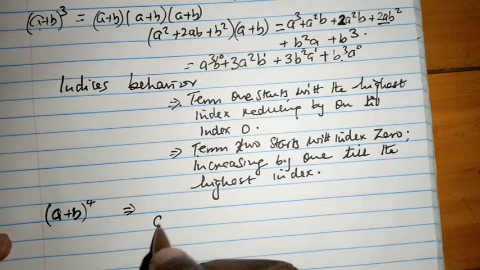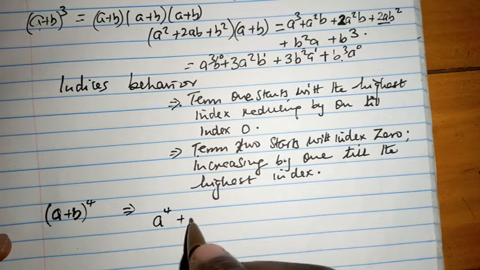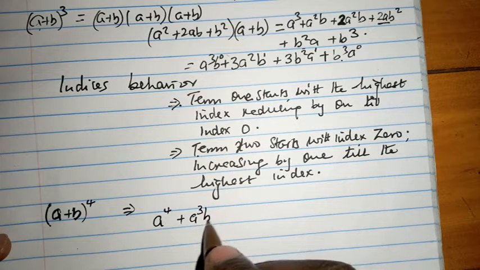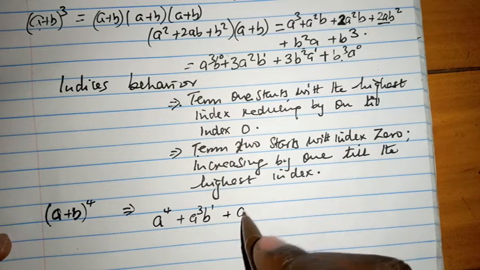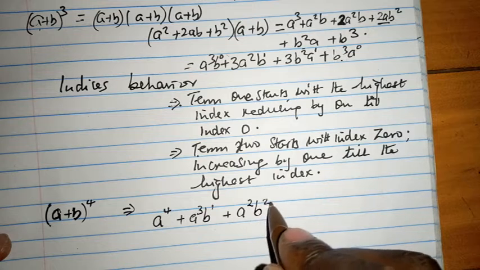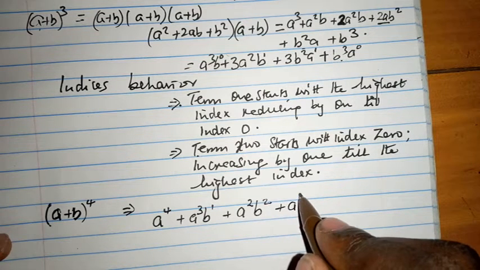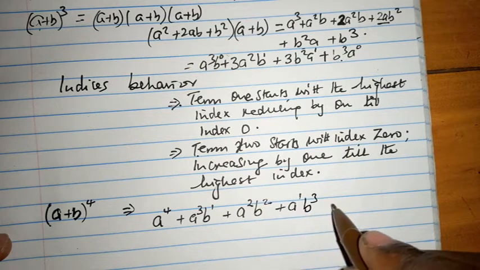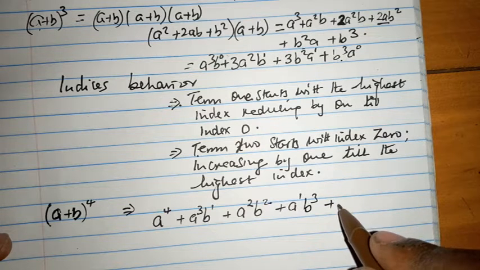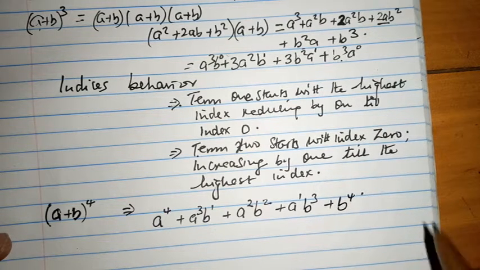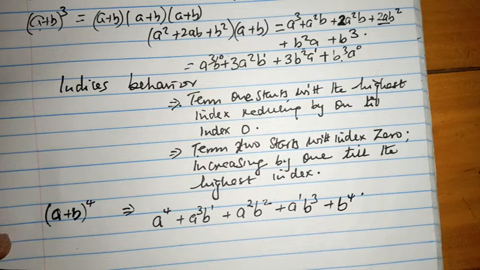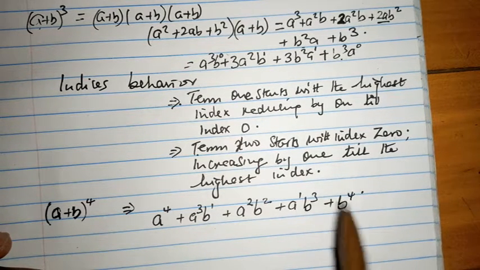So we are going to have A^4 plus A^3 B^1, plus A^2 B^2, plus A^1 B^3, plus A^0 B^4. We are sure that we are going to have that kind of expansion, but where do the coefficients come from?